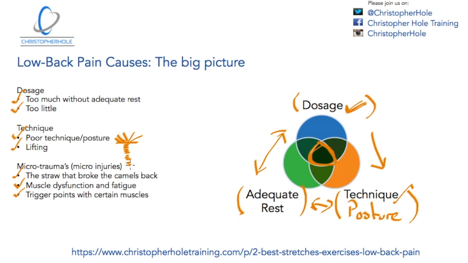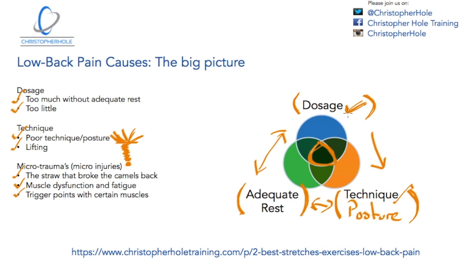It was an accumulation of many different movements that add up, and then the pain comes out. So what causes those is dosage, technique, and making sure you have adequate rest. So it's those three which are the solution.